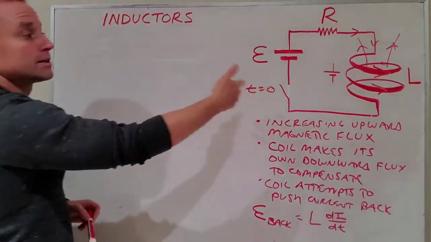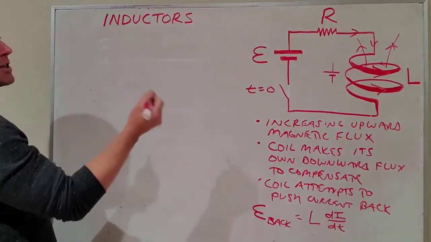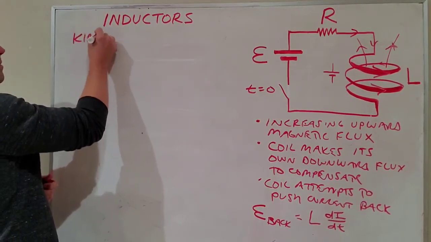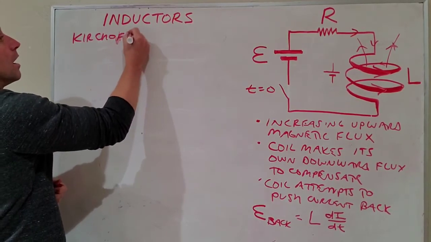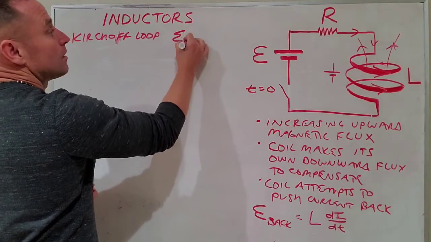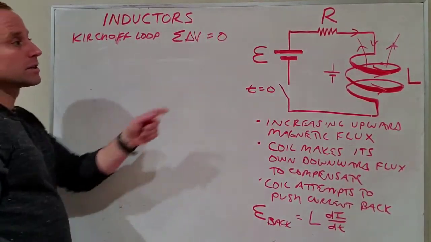What you want to do is do a Kirchhoff loop around the circuit, so all the voltage changes add to 0. So we'll just do a great big Kirchhoff loop. In other words, the sum of all the voltage changes needs to add to 0. And so let's go for it.